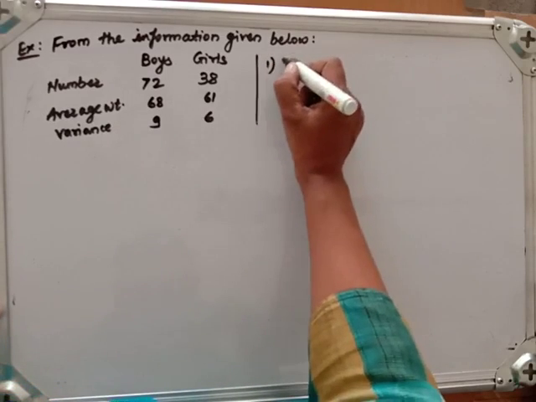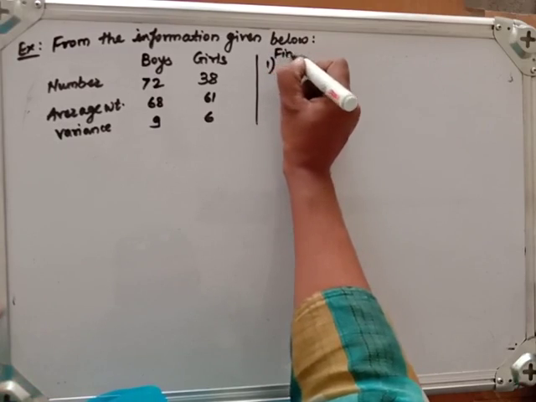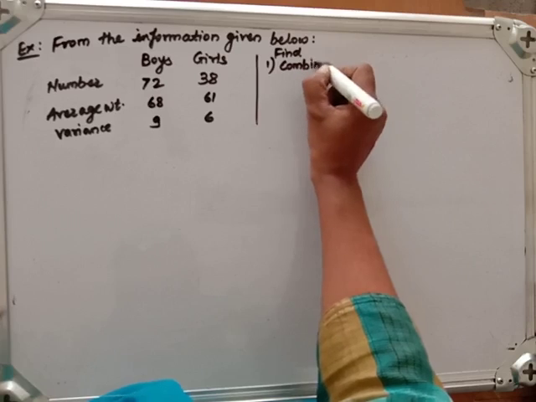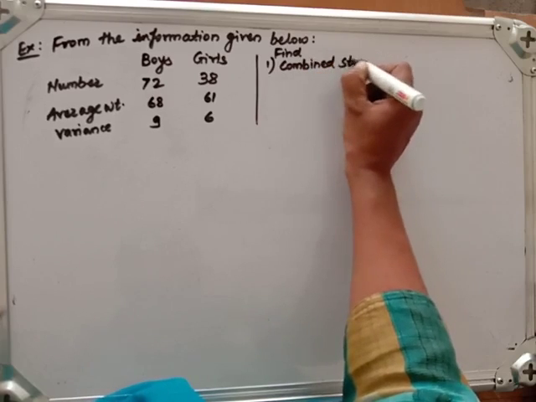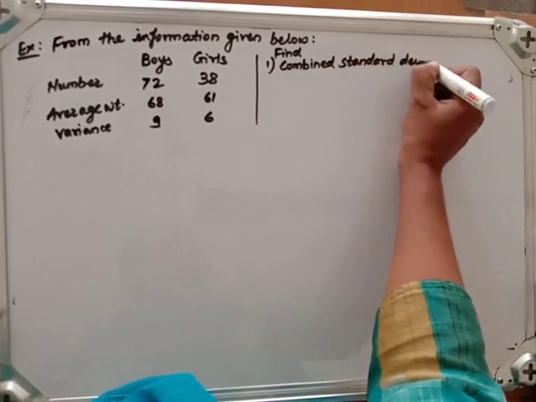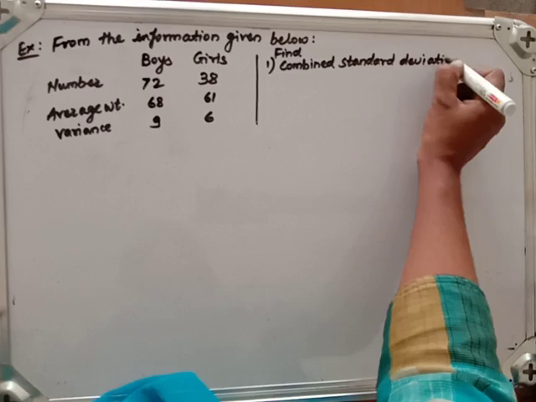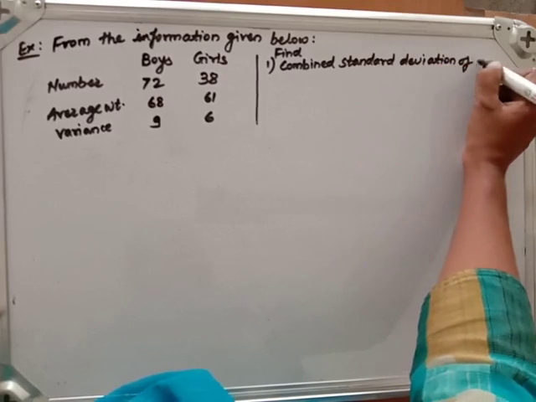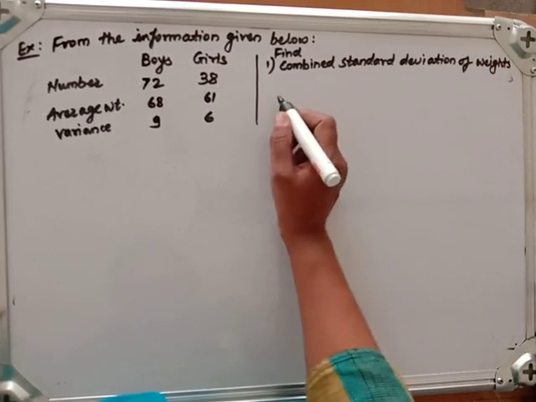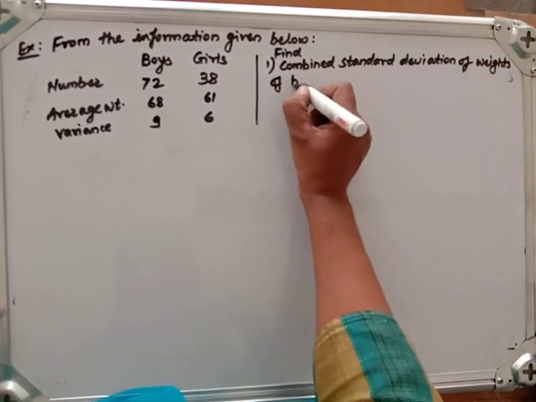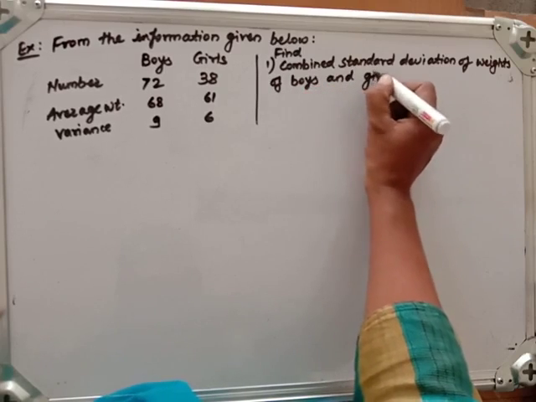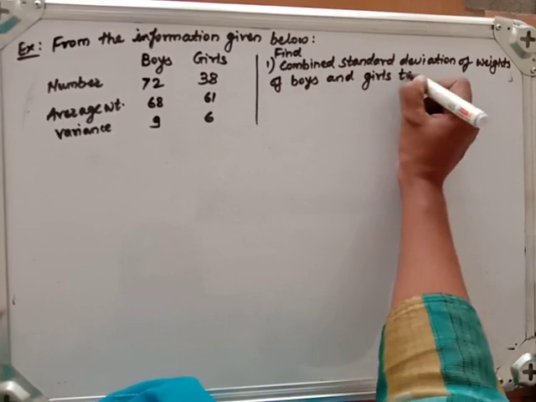Now the question: the first part, we have to find the combined standard deviation of weights of boys and girls taken together.